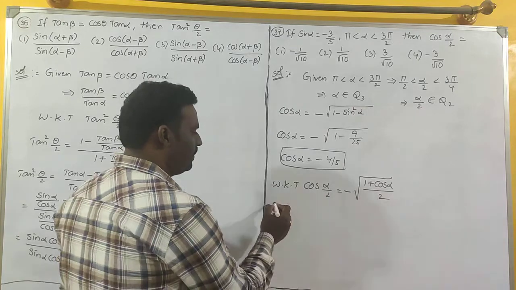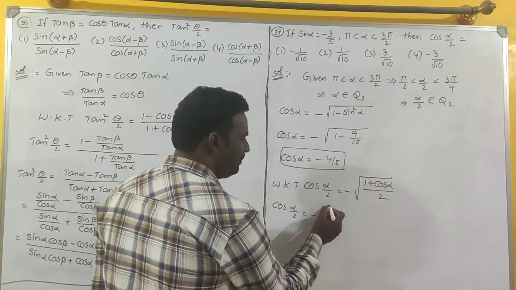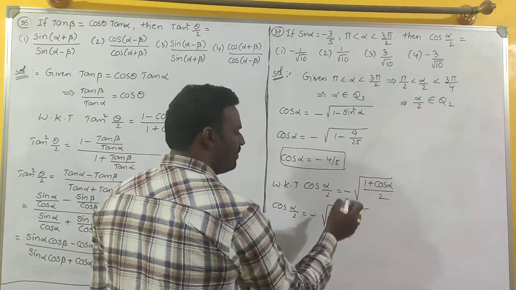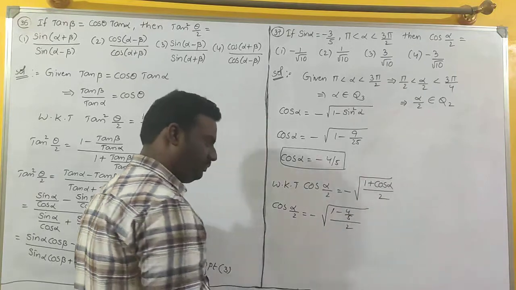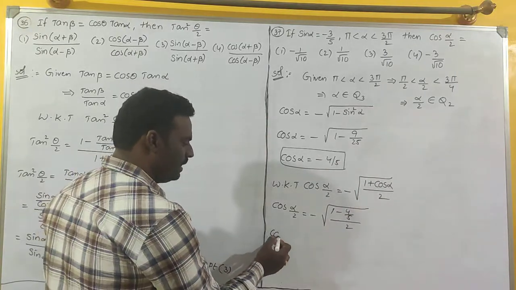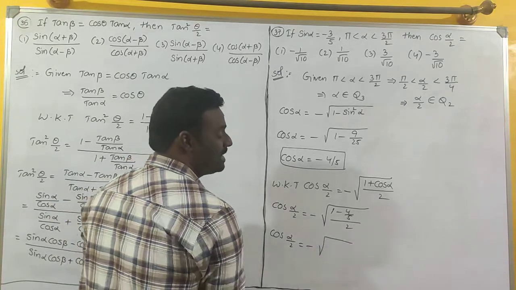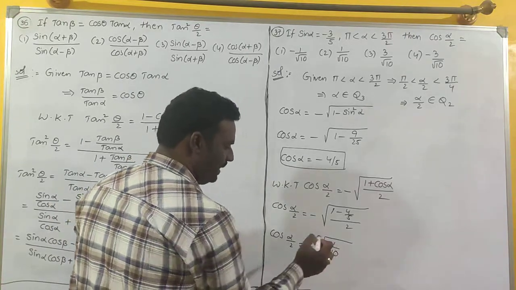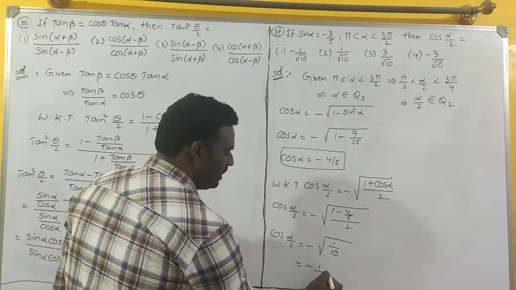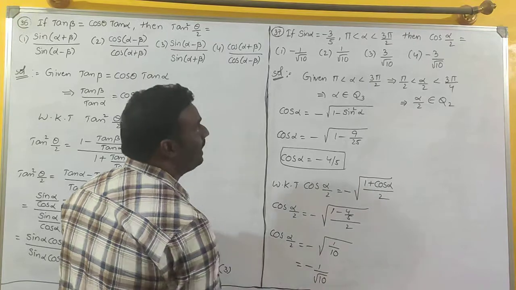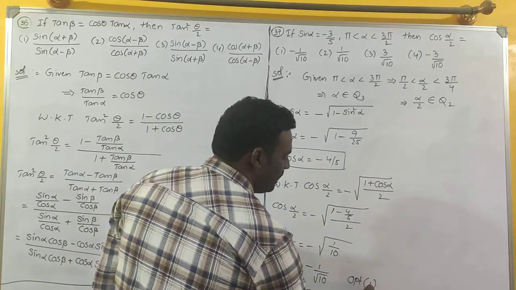Then substitute. Cos alpha by 2 is equal to minus of under root of 1 plus cos alpha, where cos alpha value is 4 by 5 in magnitude, by 2. Then simplify. Cos alpha by 2 is equal to minus of 5 minus 4, 1 by 10, that is minus 1 by root 10. Minus 1 by root 10 is nothing but option 1, the correct answer.